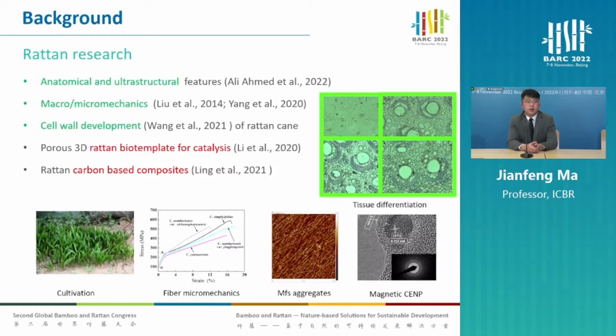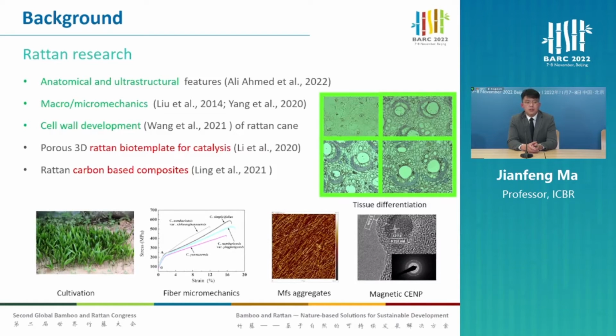In the past 40 years, a lot of work has been done to reveal the structure of rattan, including the anatomical and ultrastructural features, the macro and micro mechanics, and the cell development of rattan. Especially in recent years, the porous 3D rattan biotemplate for catalysis and carbon-based materials has been widely noted.